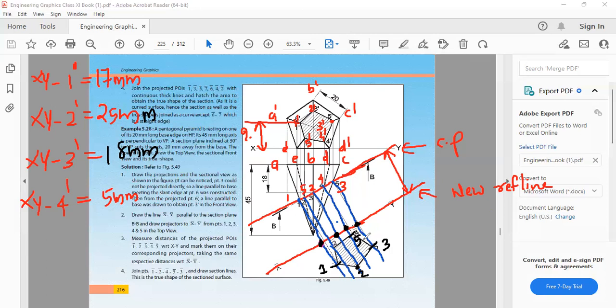This is cutting point 4, and the distance is 5 millimeter. I will write here. So this is 4. Then XY line to 5 dash.